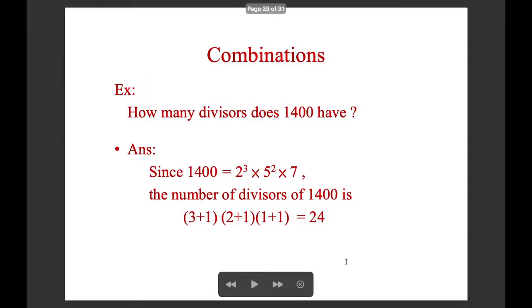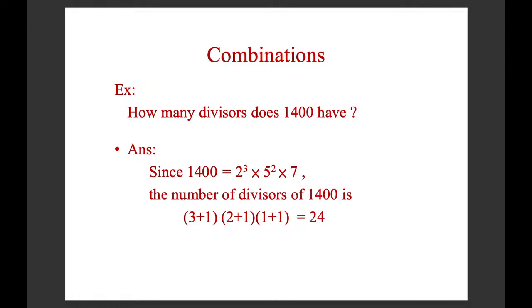For instance, in this example, we want to ask how many divisors 1400 has. This is a primary school question. When we are at primary school, we try to list out all the divisors of 1400 one by one, and then we count them.